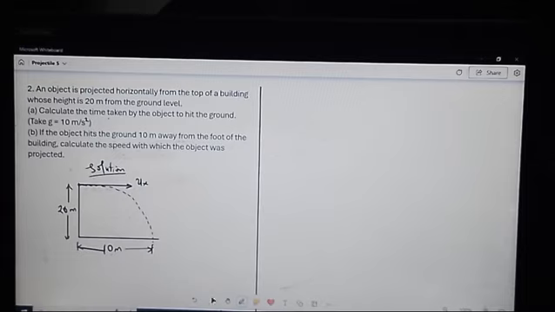If speed is equal to distance over time, then it implies that the time will be expressed as distance over speed. But we don't have the value for the horizontal speed, which we are to calculate.